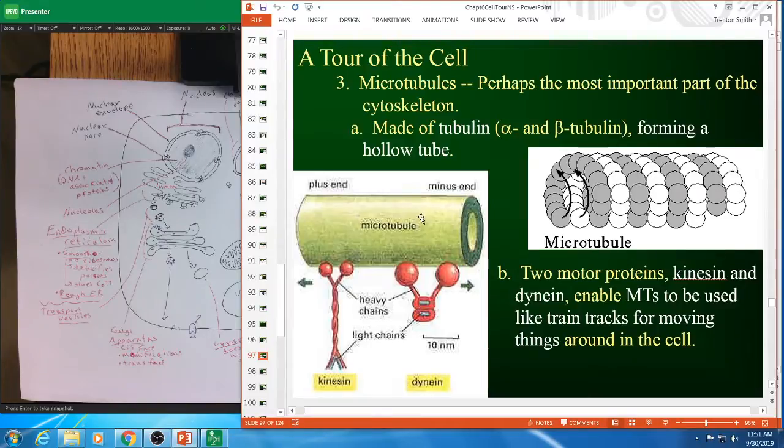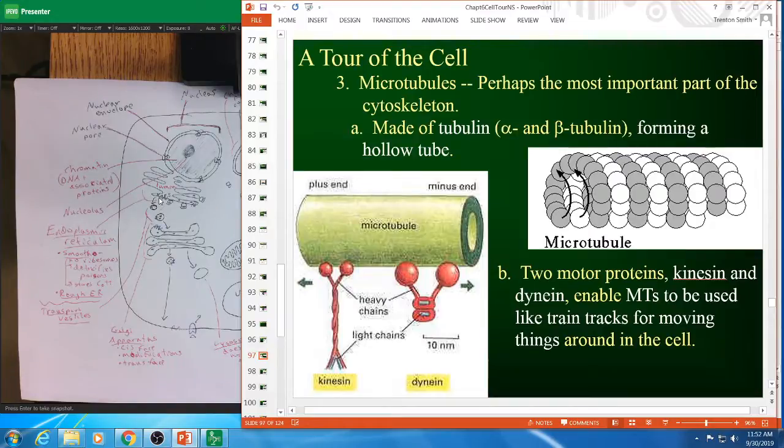So microtubules are dynamic. If I didn't say that anywhere else, they can be built, unbuilt, and rebuilt, unlike intermediate filaments. And most importantly, there are what are called motor proteins that move things around within the cell.